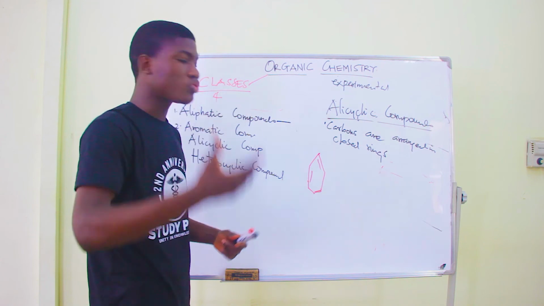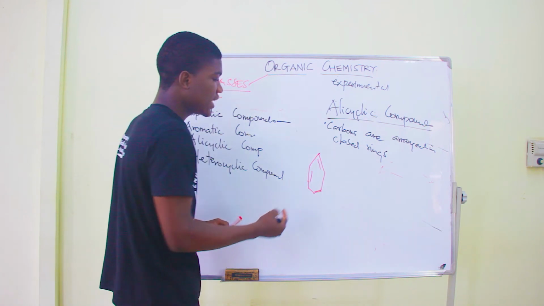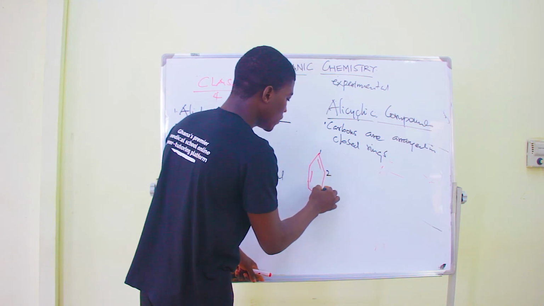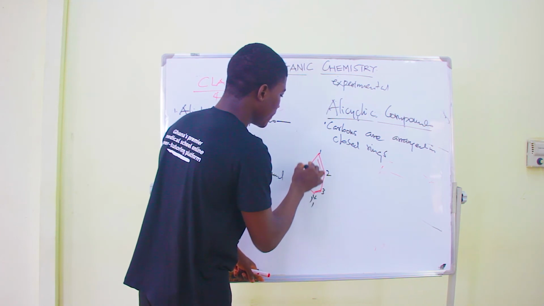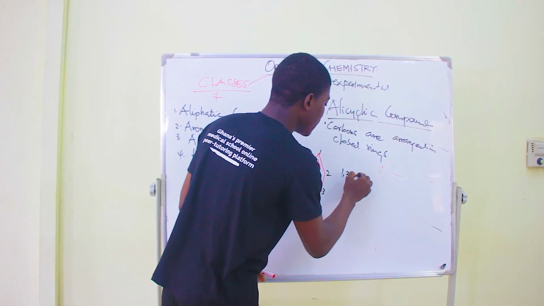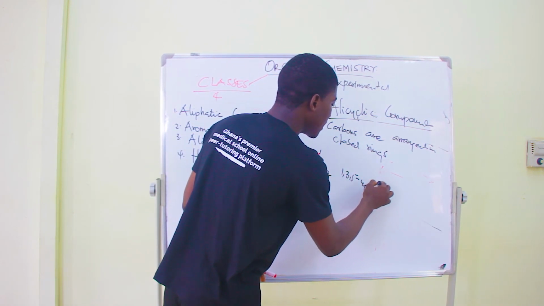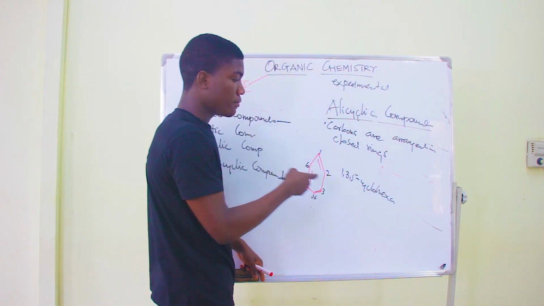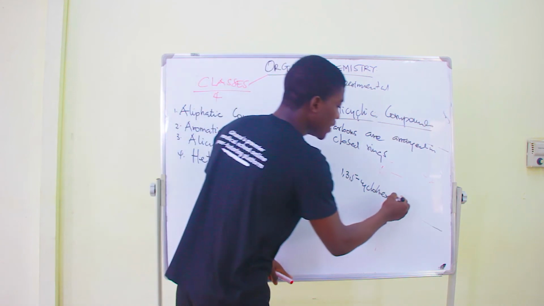It was a proposed structure for benzene, but in fact, if we start naming from here, 1, 2, 3, 4, 5, and then 6, this is actually 1,3,5-cyclohexatriene, because it contains 6 carbons.